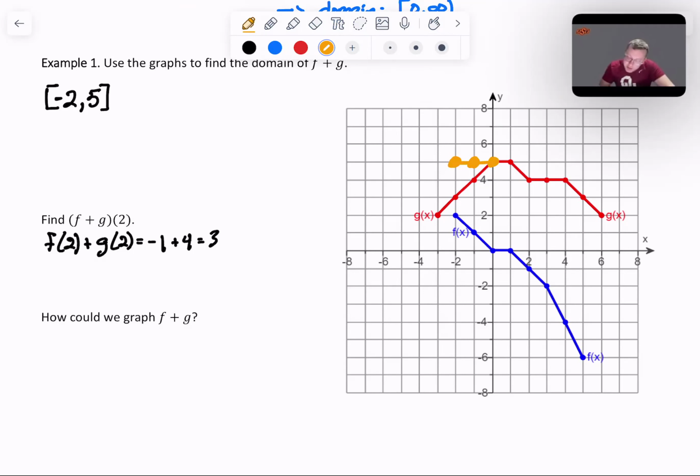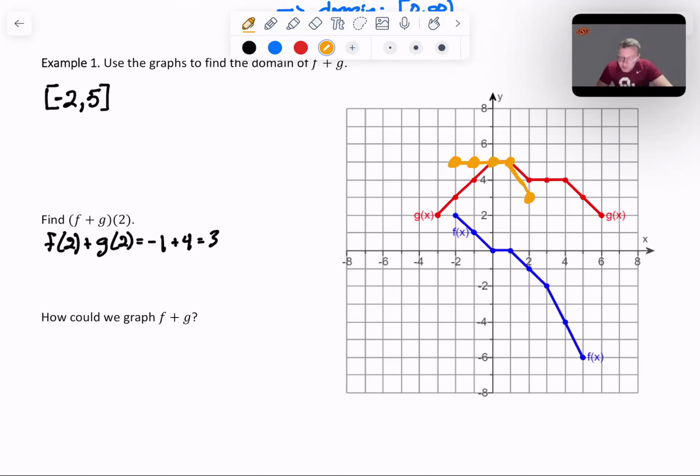But here again, what do we have? 0 plus 5, still a constant at 5 again. Now is where it changes. Here, when we get to x is 2, g of x is 4, f of x is -1. So when I take 4 and subtract off 1 from that, I'm at 3. So that's when it starts to go down.